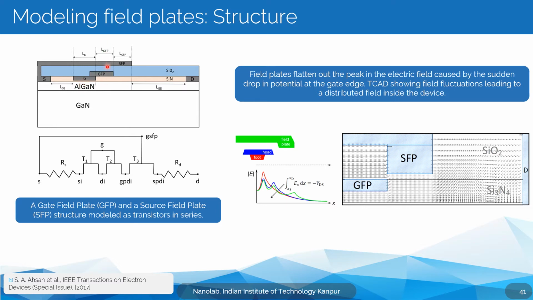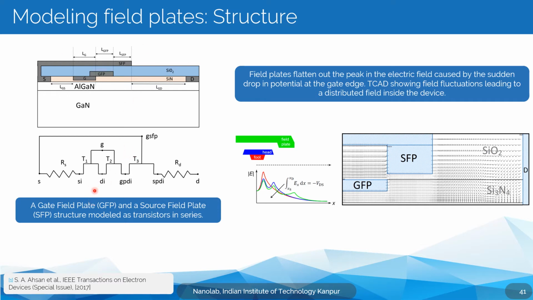So if we talk about these field plates, we can have a normal transistor, then a region with a gate field plate, which can be modeled as another transistor in series, and then another field plate, the source field plate, as another transistor in series. And these three transistors in series behave like this complete device. So this is exactly how we model this in ASM-HEMT.